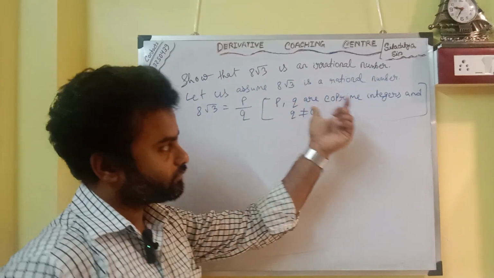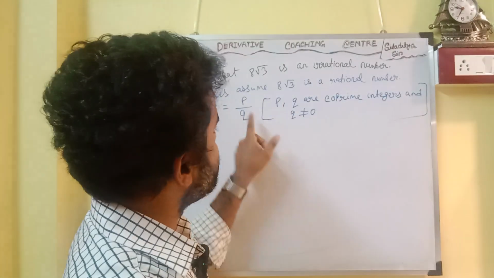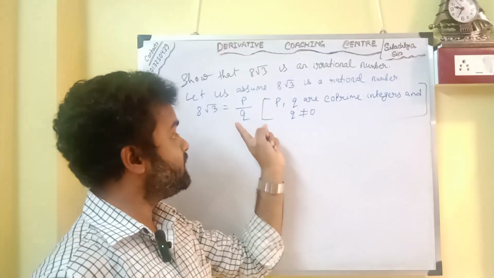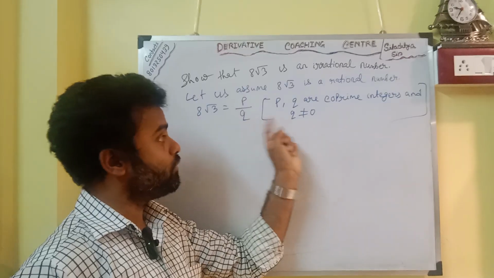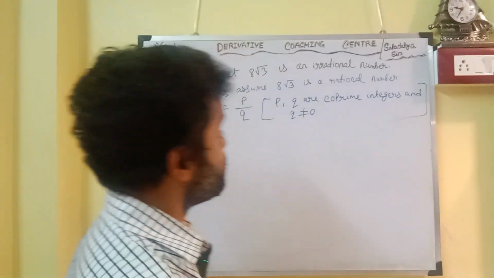This is the condition of a rational number. So P and Q both are co-prime integers, but this denominator, that is Q, must not be equal to 0.